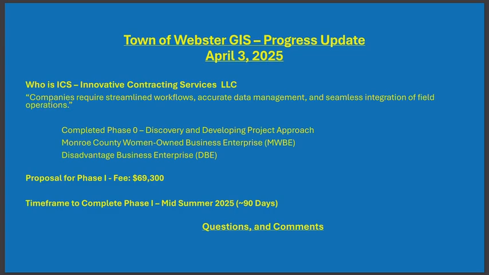So through the discovery phase, they gave us a high level understanding of what we've got going on, where they think that we could make improvements. They helped us pull together an approach to make this happen, and that approach is part of the proposal, or contract, if you will, for phase one, which I believe tonight we have a resolution on for the town board for the supervisor to sign.